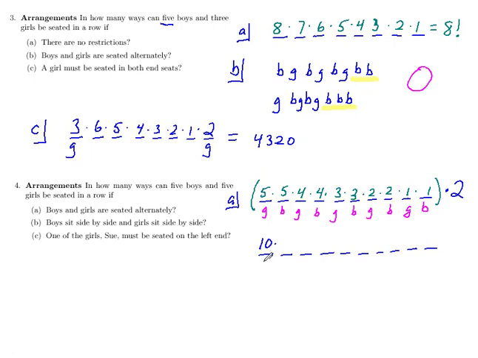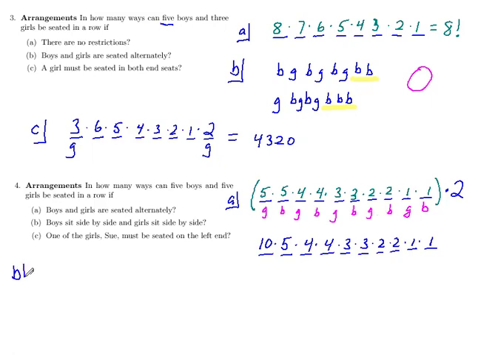Whoever's seated there, if I picked a boy, then my next choice had to be a girl. There's 5 girls left. If I picked a girl the first time, then I had 5 boys left. And then I just followed the pattern of alternating. So both of those answers get you the same result.